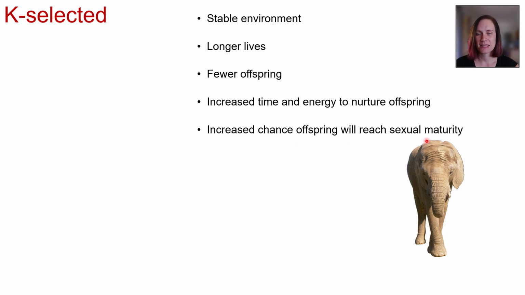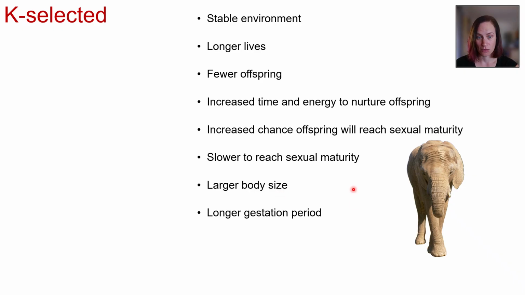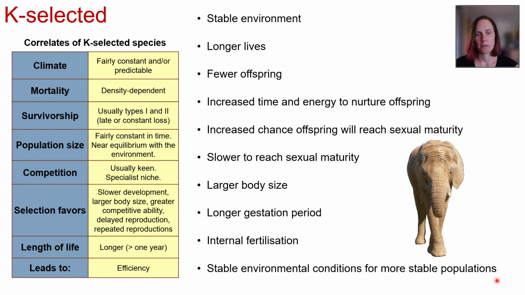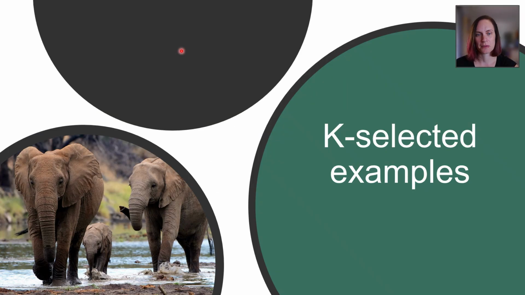They're going to be a bit slower to reach sexual maturity because they have that longer lifespan, and they usually have a larger body size and a longer gestation period, so the baby's going to take longer to grow. They're usually internal fertilization, hence they're going to gestate those babies, and they're in stable populations. So there's a lot going on here, but remember, this is the other end of the spectrum, so it's almost exactly the opposite.